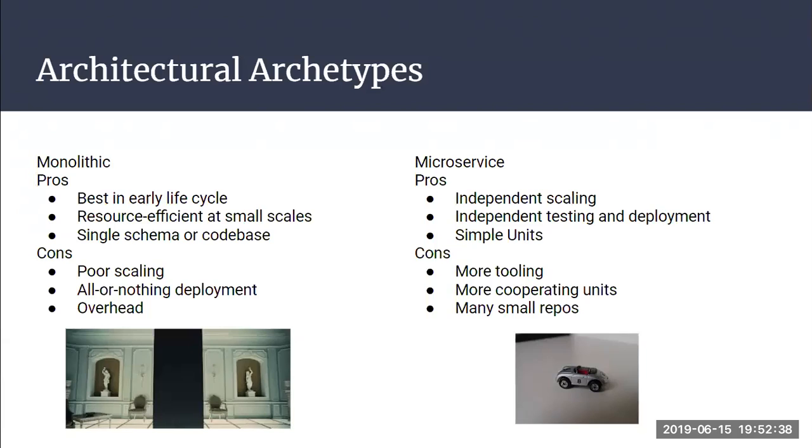Microservice works better at larger scale organizations because there is independent scaling, performance testing, and deployment. You can also optimally tune performance. The downsides are network latencies, many cooperating units, and small repos, and more tooling and dependency management. It is best to evolve into the architecture that best suits the current needs of the organization.